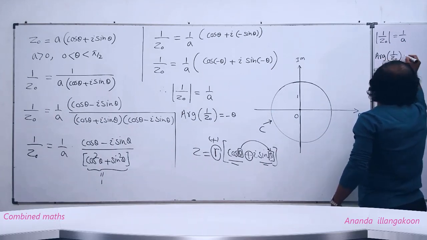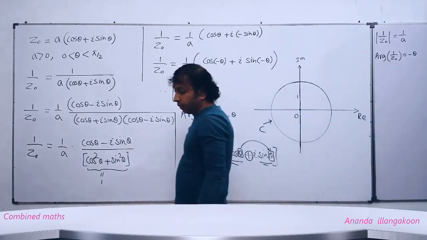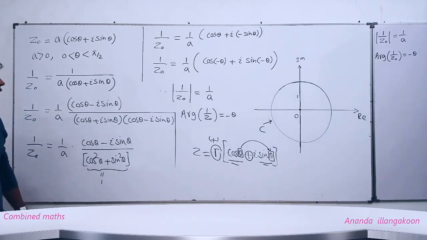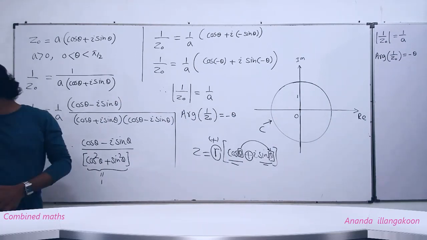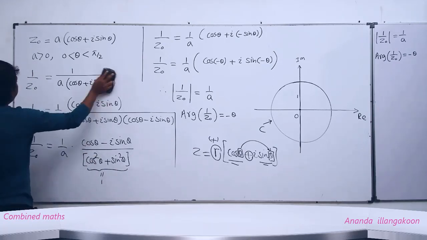Right. Okay. Like that, take Z0 square. We need to take Z0 square, multiply Z0 by Z0. And I'm going to take now Z0 square.